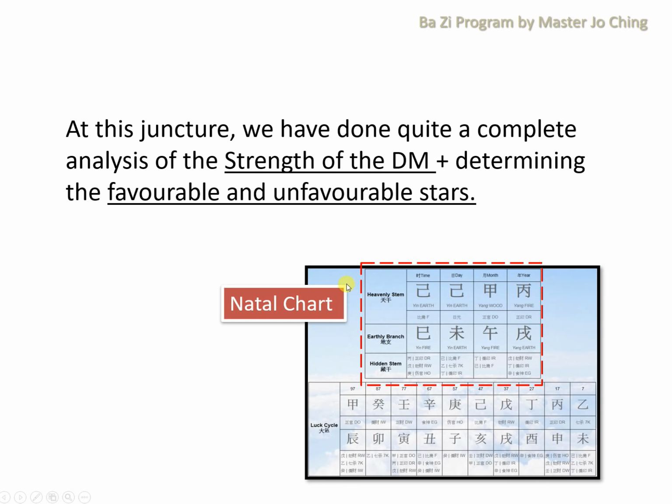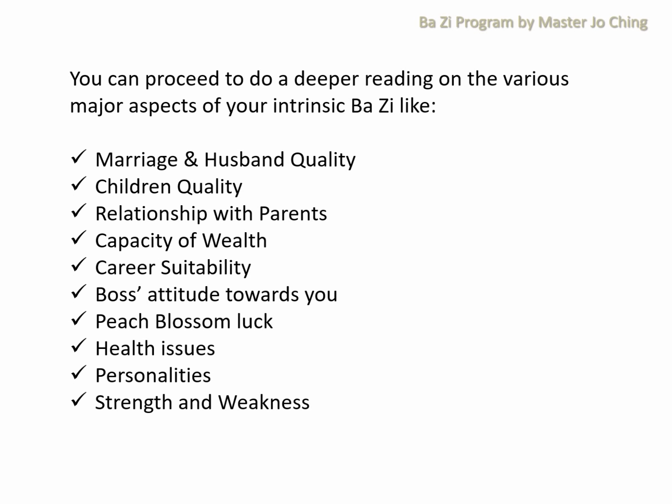Remember, what we have analyzed so far is all the natal chart, your intrinsic Bazi chart. And then with that, you can proceed to do a deeper reading on the various major aspects of your Bazi. For example, once you determine the strength and your favorable and unfavorable elements, of course, you have to look at the relationship between the branches.